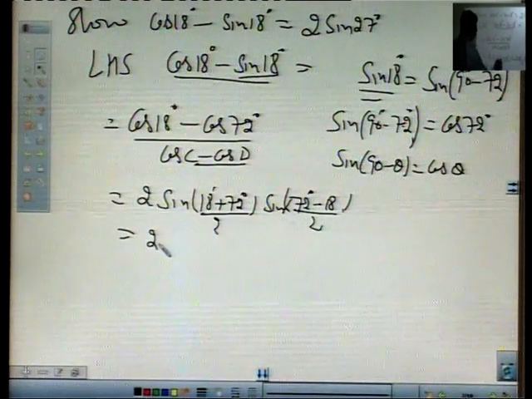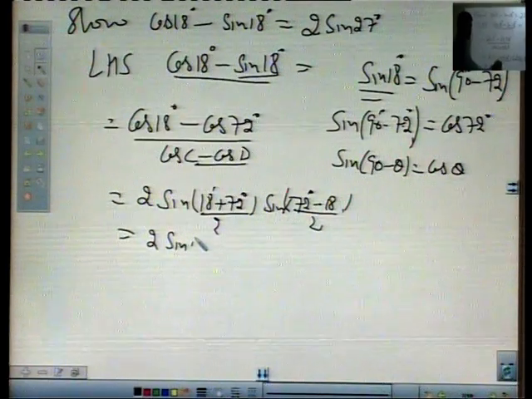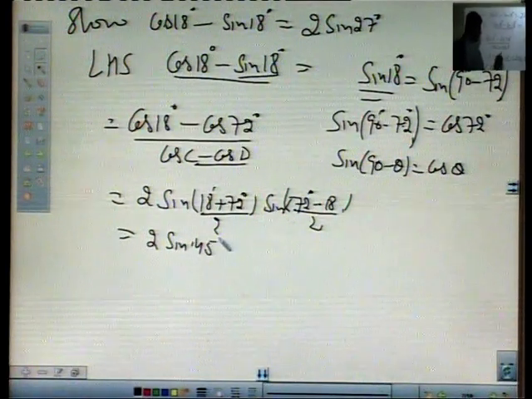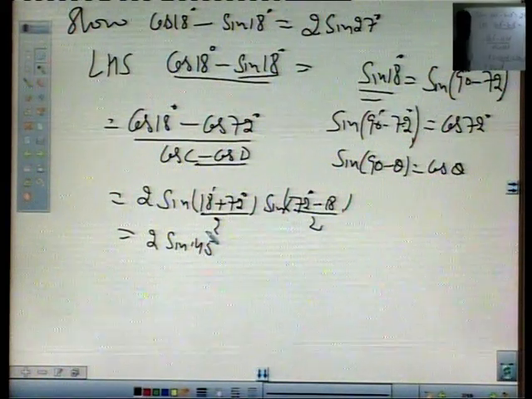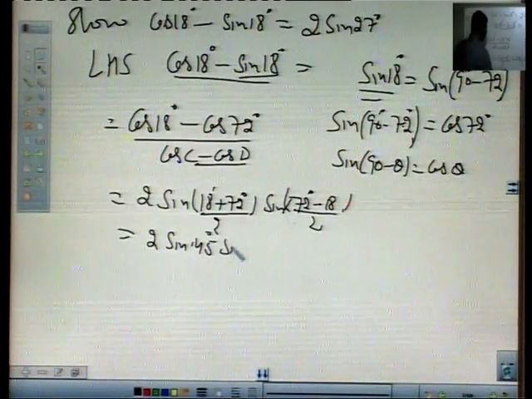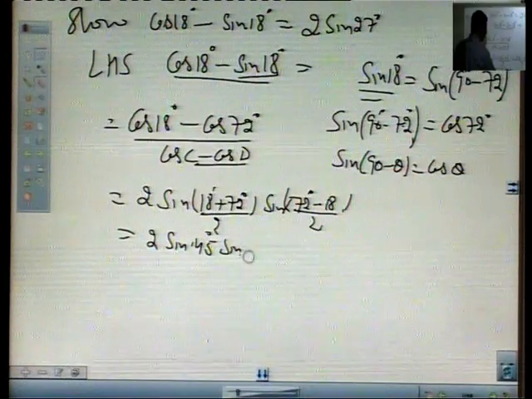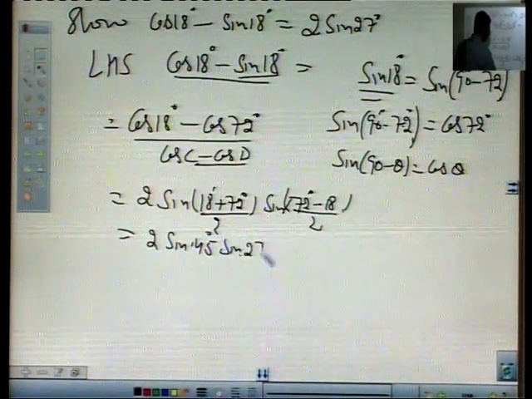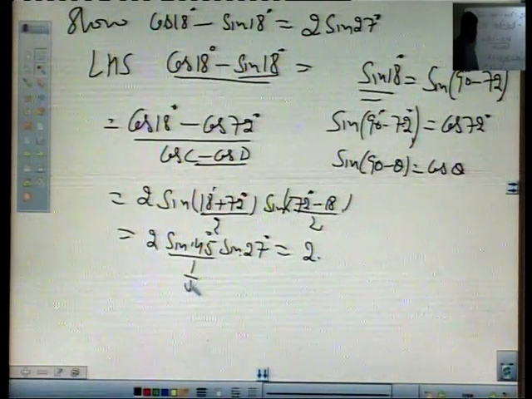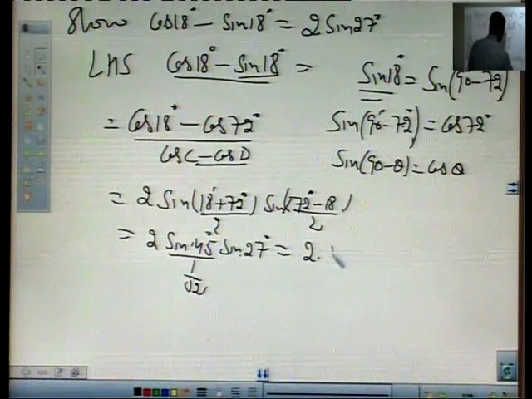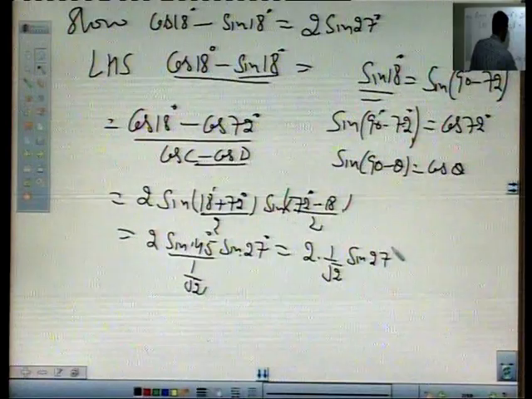Now 18 degree plus 72 degree is 90 degree, and divided by 2, it is 45 degree. And 72 minus 18 degree is 54 degree, and 54 divided by 2 is 27 degree. So it is 2, and we know that sine of 45 degree is 1 over under root 2. So it is multiplied by 1 over under root 2 sine 27 degree.